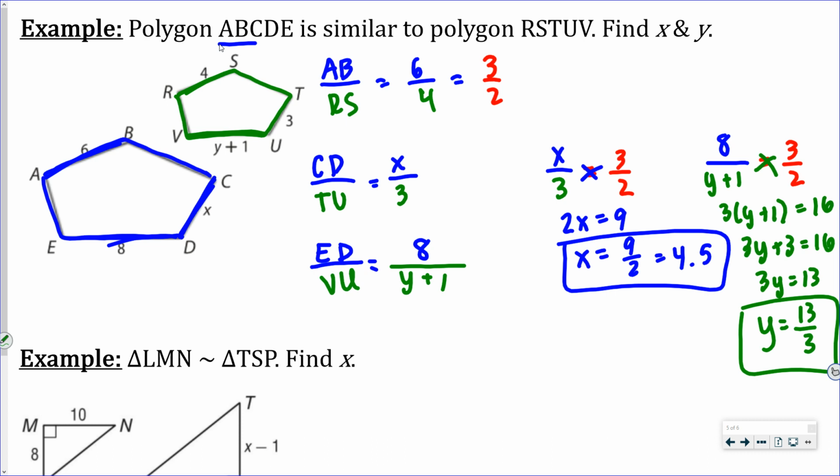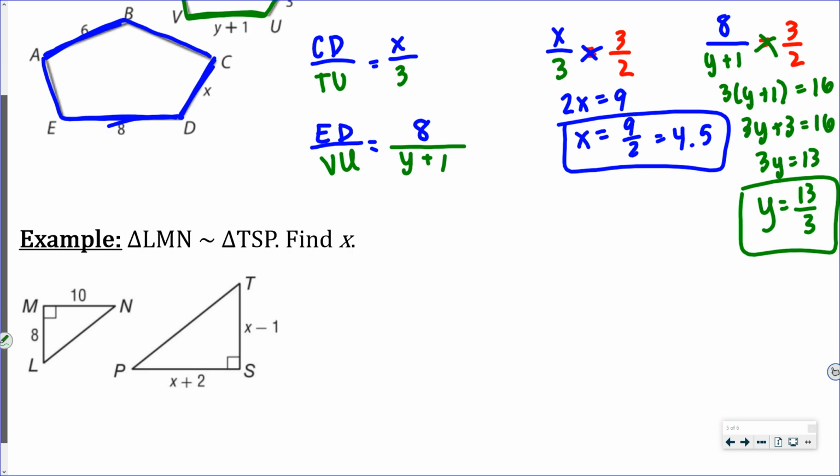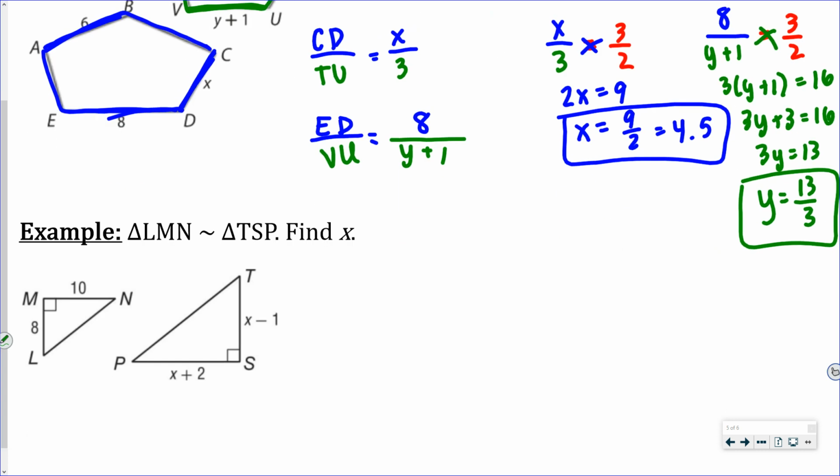Okay, now the next one, you can't actually figure out the scale factor. Well, let's look at this one. And this one's a little confusing because I kind of flipped the triangles on you. So you're like, what is 8 corresponding to, that X plus 2, or does 8 correspond to that TS? This is when you have to go back to the similarity statement. So I'll call this one my blue one this time.